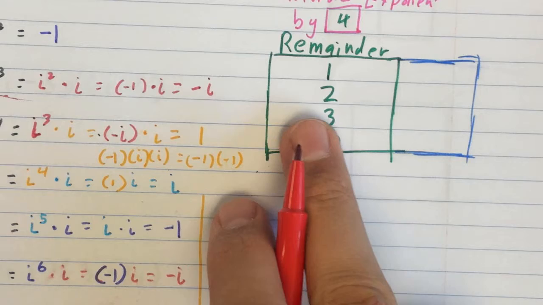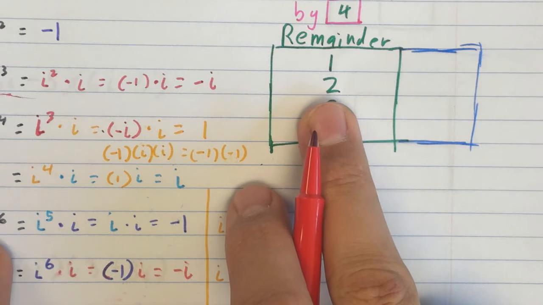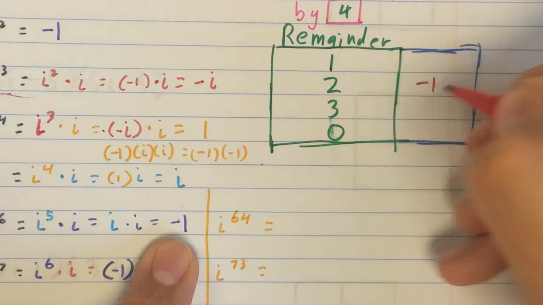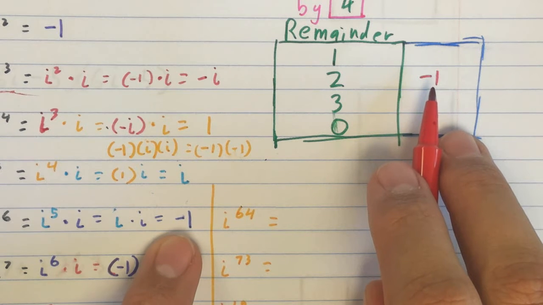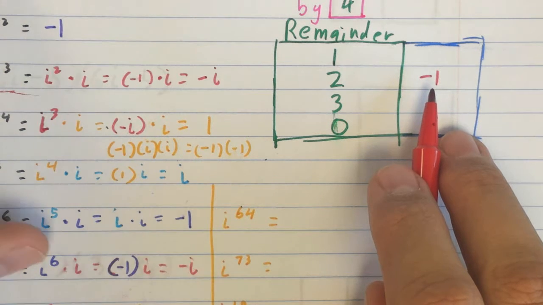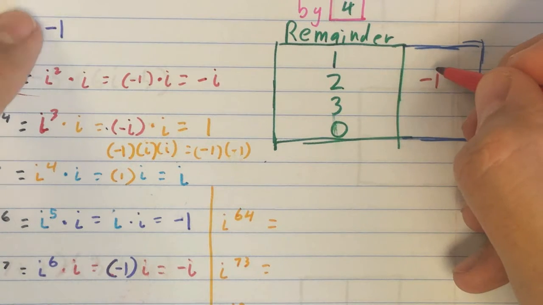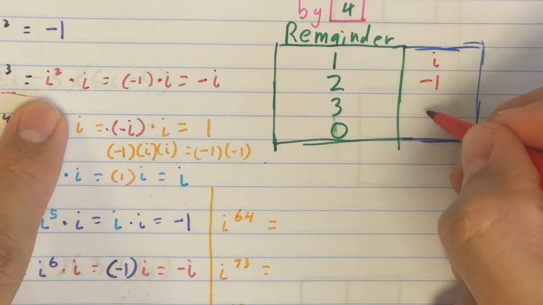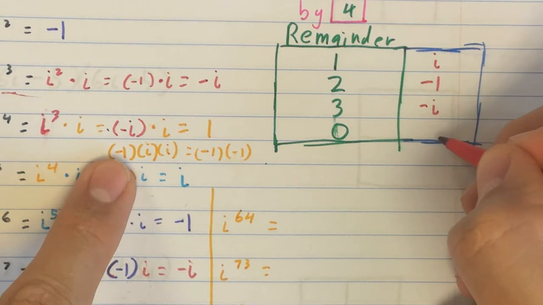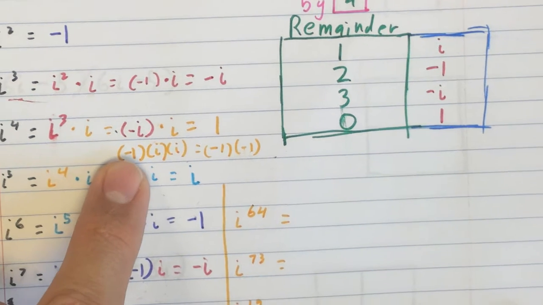And I look over here at the remainder. 2, we know this is going to be -1, so that's going to be -1. So remainder 0 is 1, 1 is I, 2 is -1, and 3 is -I. There's my options.